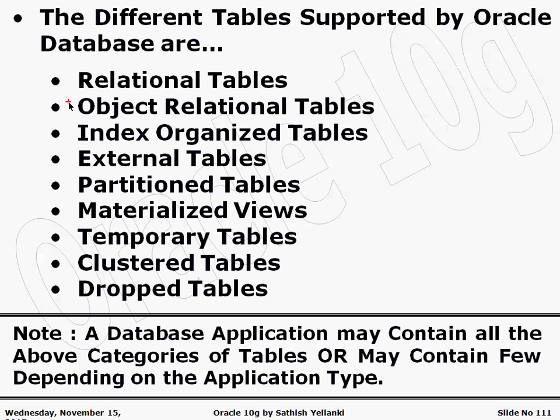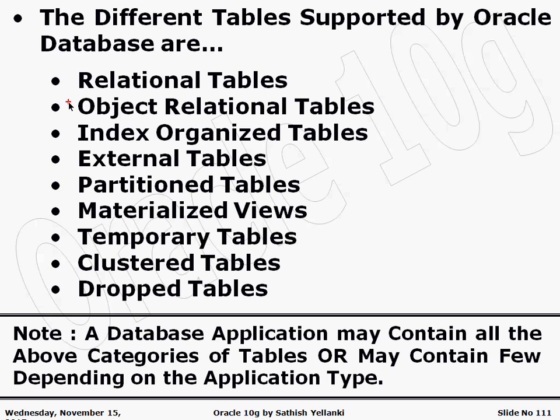Whenever my architect feels that a relational table cannot do this kind of work, say 80% of the work my relational table can do, there is some requirement arising from my client that the relational table is unable to carry. That 20% that I cannot do because of the relational table, I'll extend with another table.